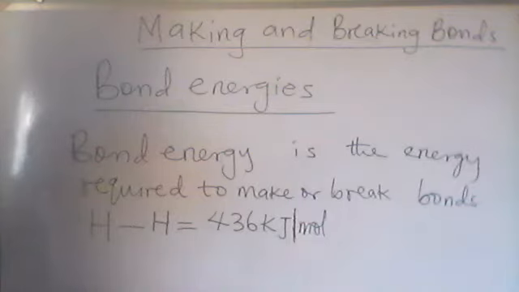Bond energy will require about 436 kilojoule per mole in order to be broken or made. So the amount of energy you need to break a particular bond is equal to the amount of energy that is released when the bond is made.